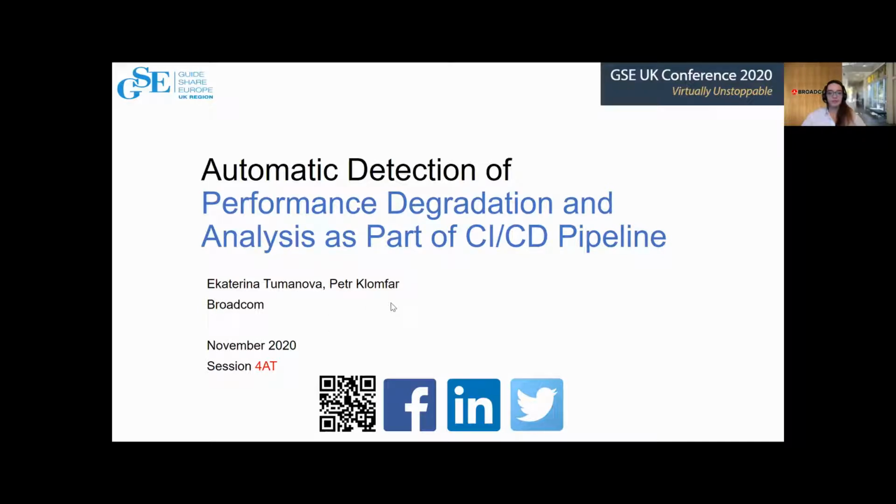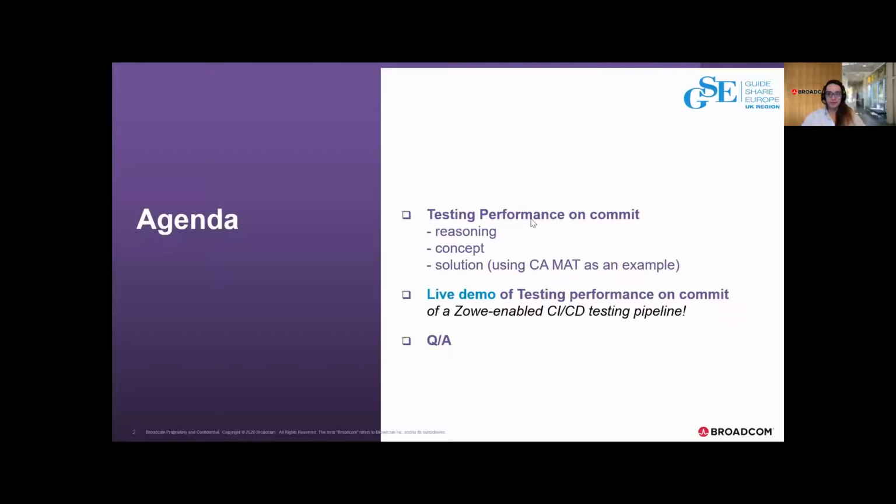And without further ado, let's go to our agenda. Very briefly, what we are going to talk about today is this concept of automatically detecting performance degradation and analyzing the issue before it gets to production. We call it checking or testing performance on every commit, on every application change.